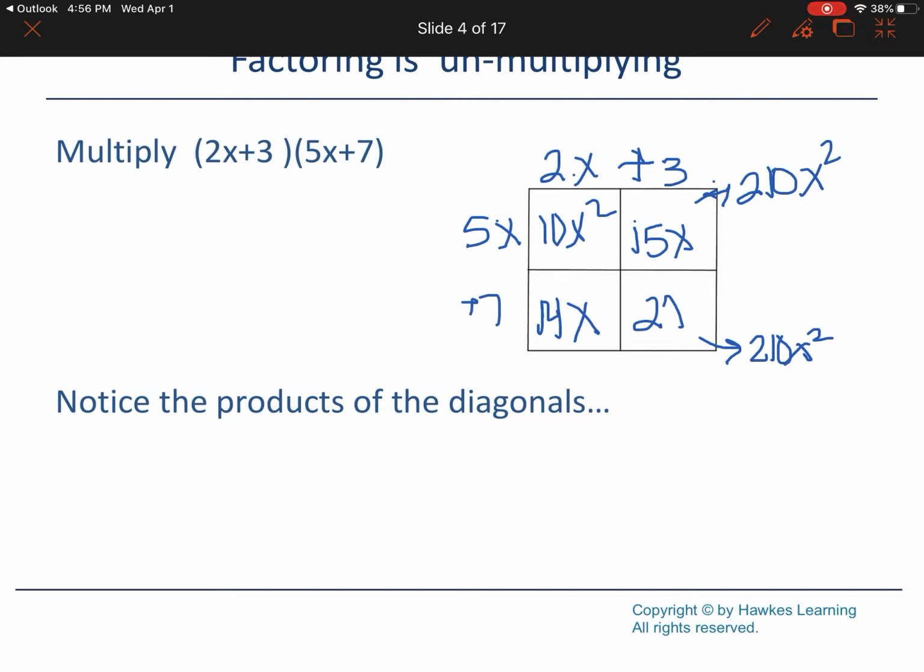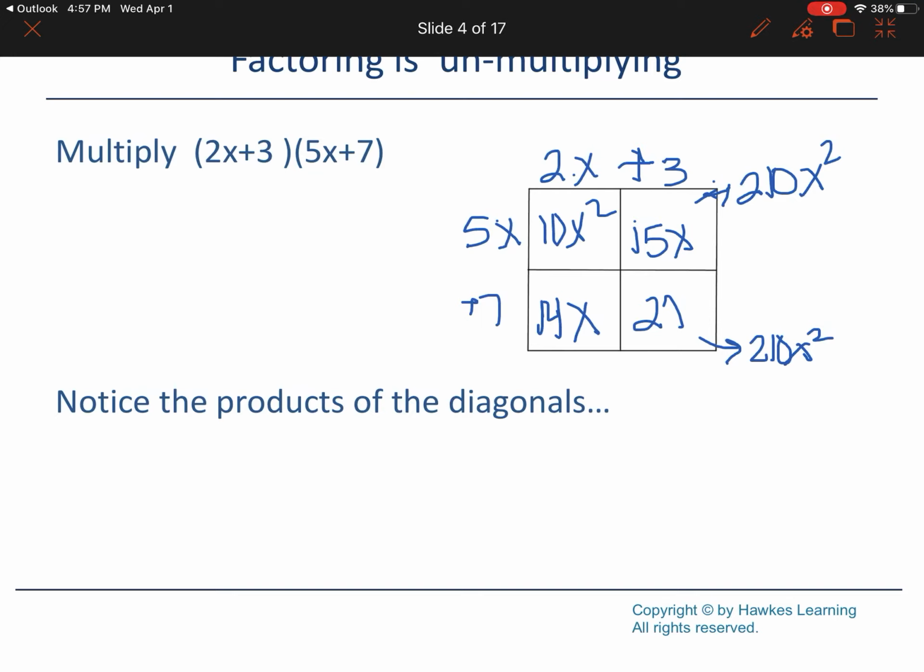If they don't equal each other, like when we did all those grouping problems and put those four things in there, then it wouldn't factor. That was when we found that you couldn't factor it. So what we're trying to do in this section is look at how we can break this equation up so that the diagonals will multiply to be the same thing.